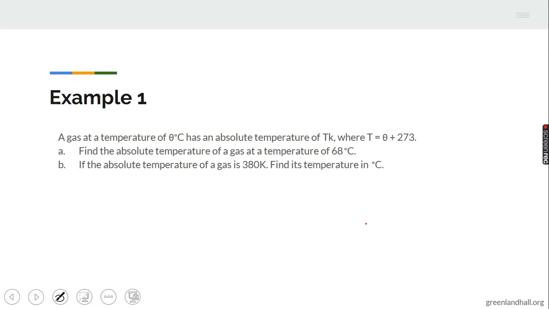Then question 2: if the absolute temperature of a gas is 380 Kelvin, find its temperature in degrees Celsius. This is a very technical question and it's very easy. Solution.